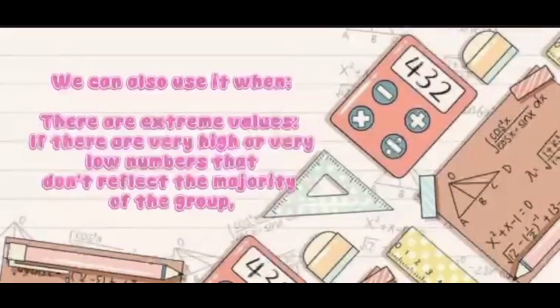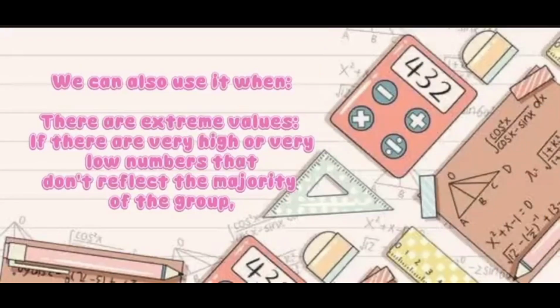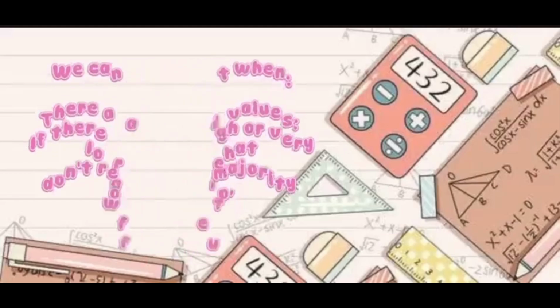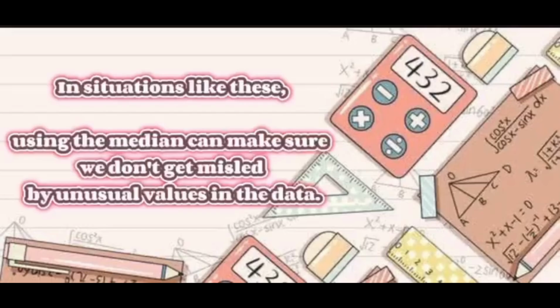We can also use it when there are extreme values, if there are very high or very low numbers that don't reflect the majority of the group. The median will help us understand the middle value better. In situations like this, using the median can make sure that we don't get misled by the unusual values in the given data.